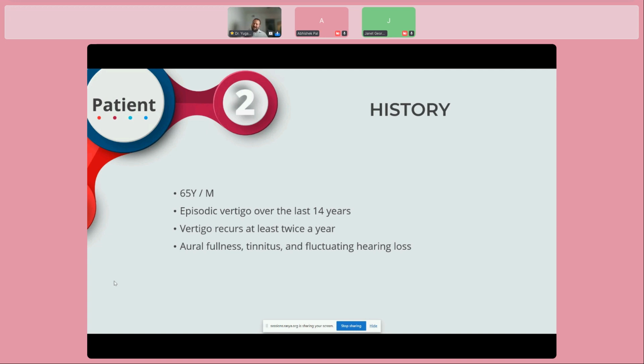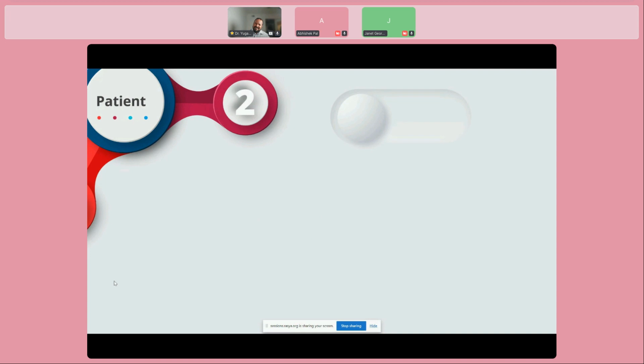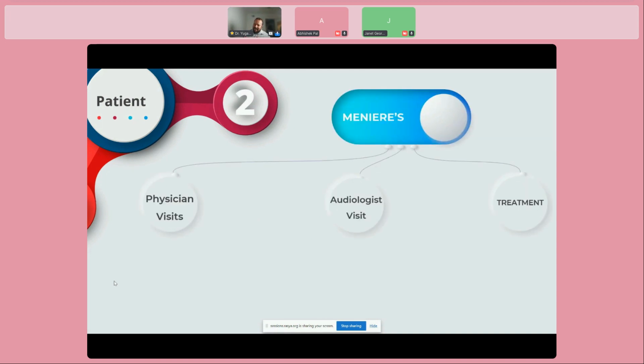As an audiologist, I'm pretty sure that if you see recurring vertigo, aural fullness, tinnitus, and fluctuating hearing loss, what gets into your mind? Meniere's, right? That's exactly what happened with physicians as well. The patient was not referred anywhere. Just based on this, during the first couple of visits, he was diagnosed as Meniere's.